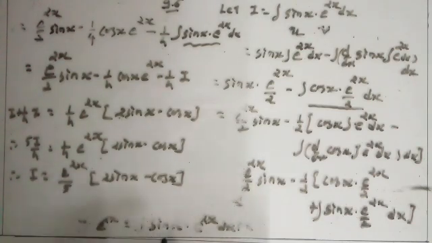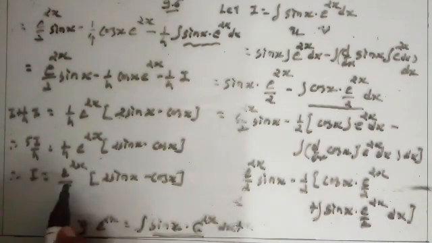Okay, now replace this. Here y into e raised to 2x is equal to integration sin x into e raised to 2x dx plus c. In place of this integration, put this result.